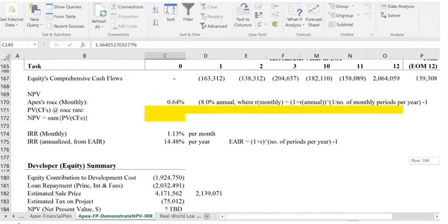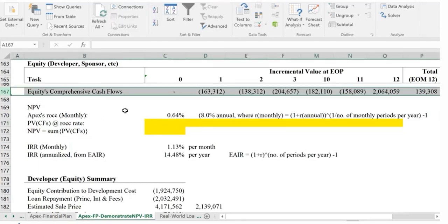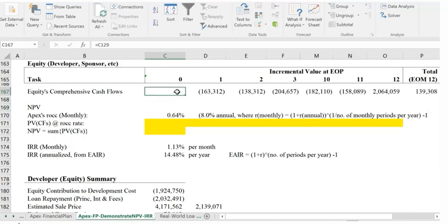Okay, so let's move down to the developer, or the sponsor, or the equity of this project, and as we know, the preferred method for evaluating a project for the sponsor, be it a development project or a cash flow producing property project, doesn't matter, is NPV. And so what I've got here, starting in row 167, is the sponsor's comprehensive cash flows for each month.